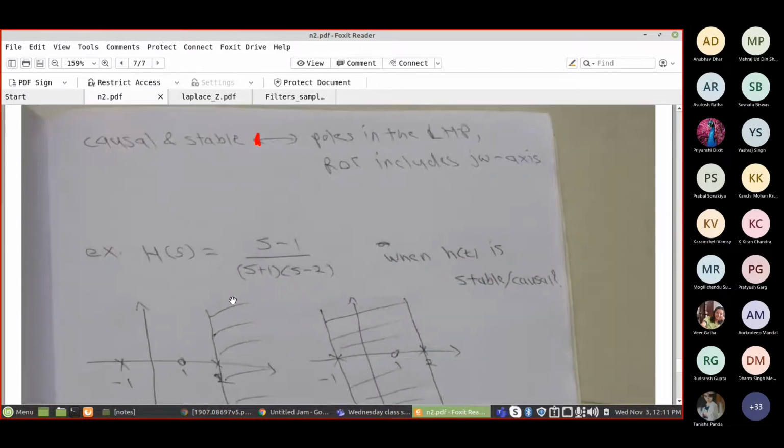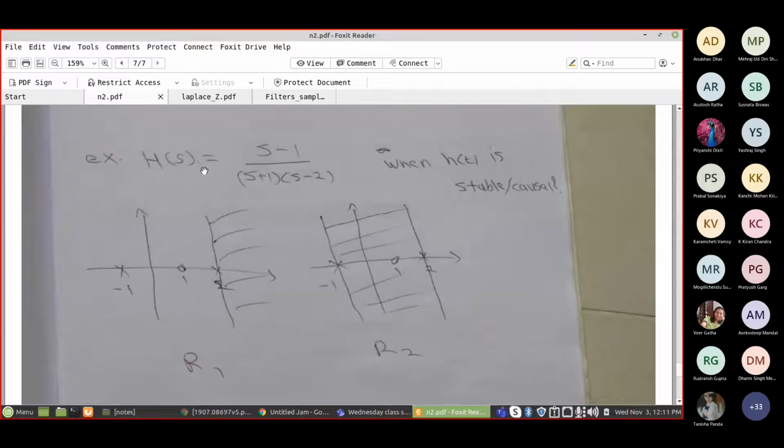Now we are going to use them to reconstruct time domain expressions and see what they are. We are given the explicit expression for the Laplace transform in terms of the s variable. This is a rational function, and the question is as follows: when is the impulse response stable and causal?